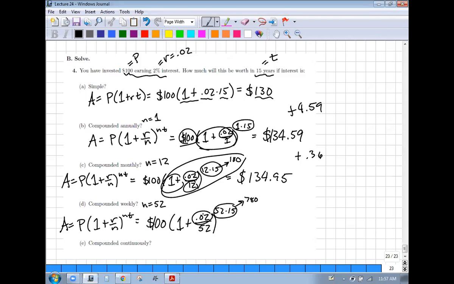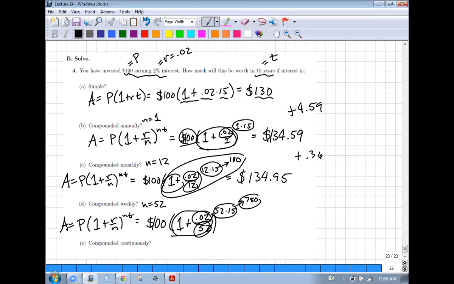So I take my 0.02, I divide by 52, and I get 0.00038, whatever. Now add 1. I got 1 point something. It's a number just barely bigger than 1, but I'm going to raise it to the 780th power.